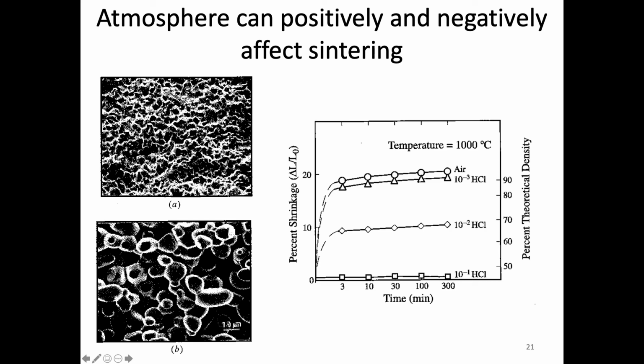Whereas this is the fracture surface showing a very uniform microstructure, small particles, but very little porosity. It doesn't show up super great in the slide, but take a look in your book to see that. So changing the atmosphere can affect that condition.